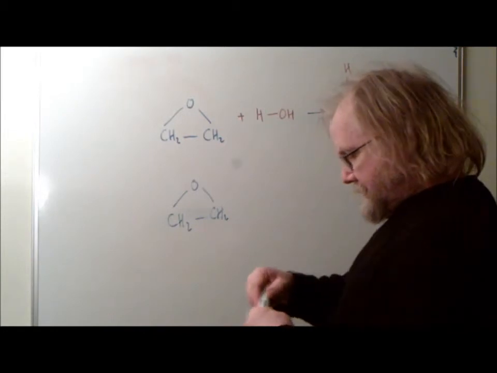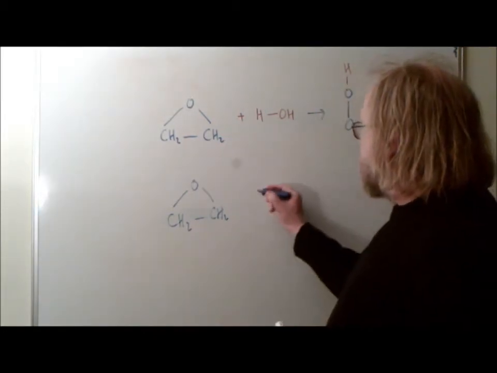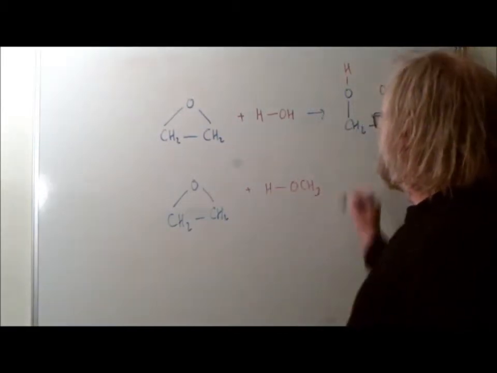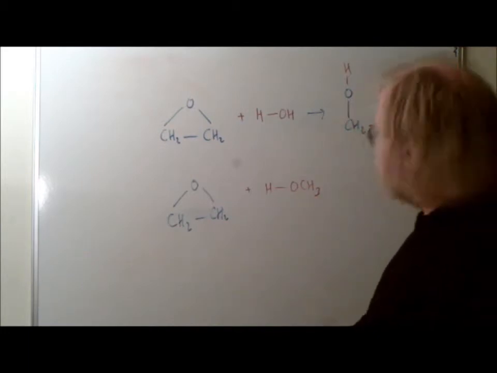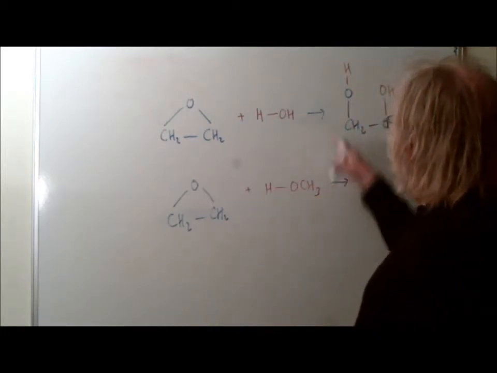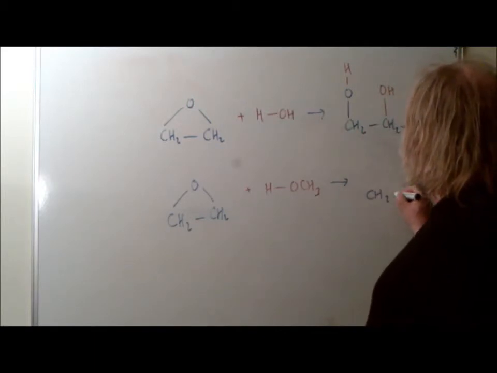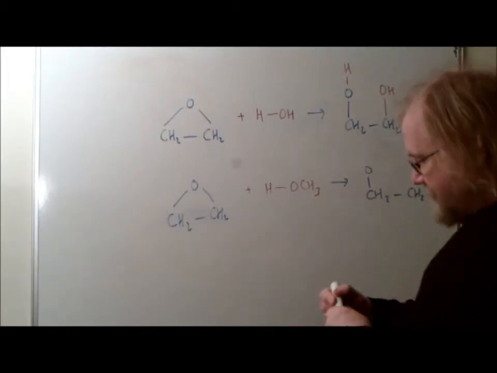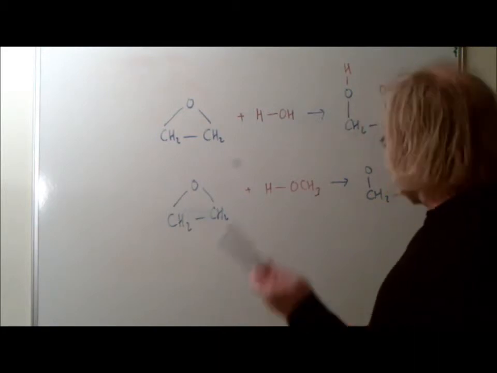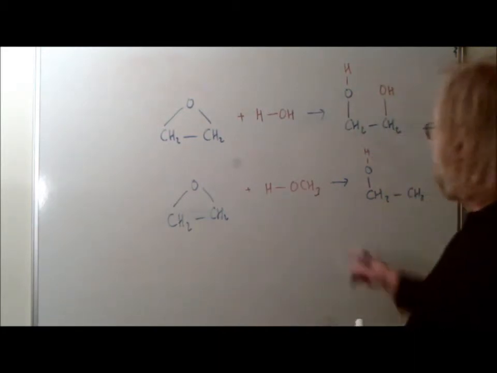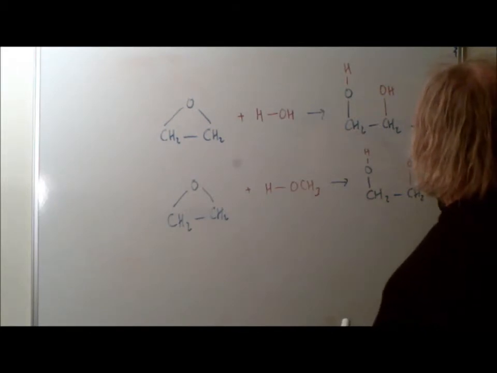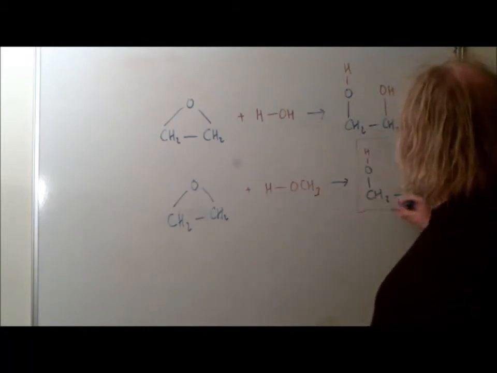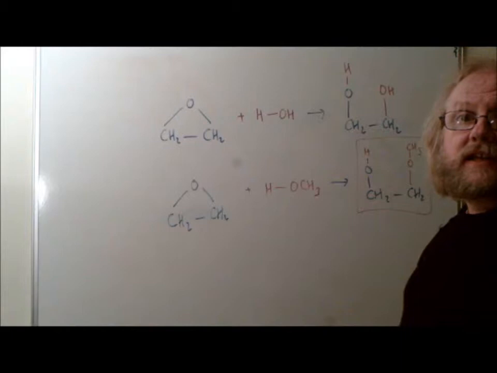So if instead of HOH we have HOCH3, okay, that's methanol, then just by analogy, without needing to think about the mechanism necessarily or anything as complicated as that, we just think, okay, it's going to follow the same pattern, so this hydrogen is going to go onto here, and the OCH3 is going to go onto there. Okay, so it's just following exactly the same pattern.